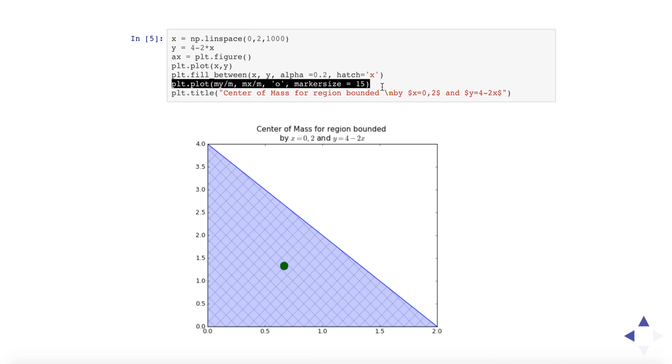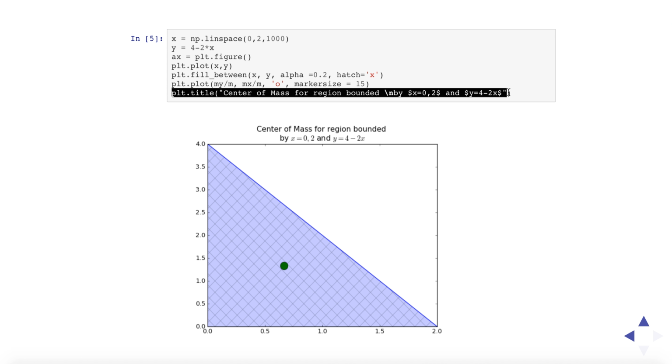Next, I'll plot a point at the center of mass. Again, I plot it at the x coordinate and the y coordinate. I make it a big point with a larger marker. And I can add a title to the plot, center of mass for the region bounded by, and I skip a line here again with the \n, and by x from 0 to 2, and y equals 4 minus 2x.